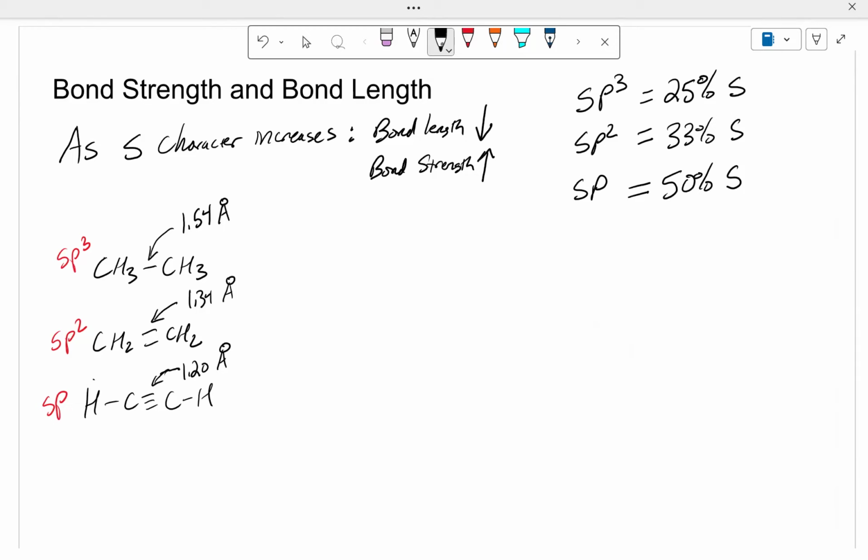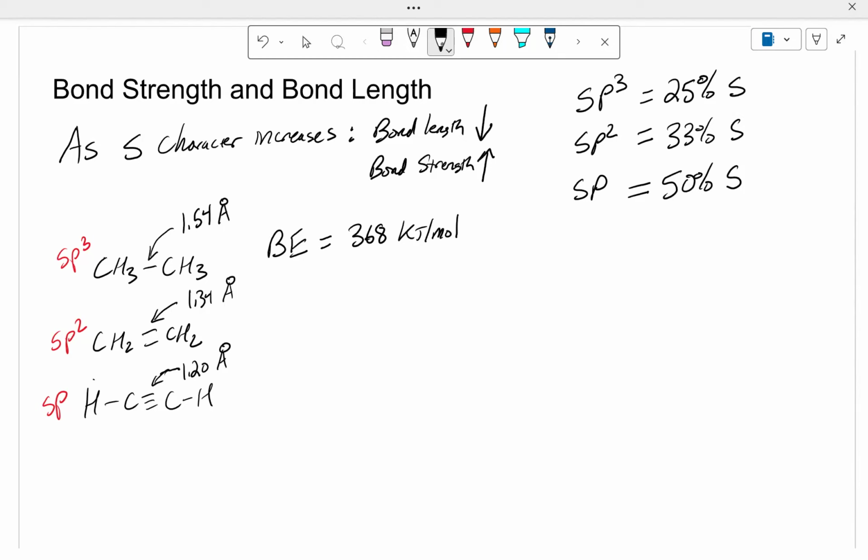Now, as far as bond strength, we're going to look at the energy of the bonds. So BE here stands for bond energy. The bond energy for a single bond or between sp3 carbons is 368 kilojoules. Again, I don't want you to memorize that number.